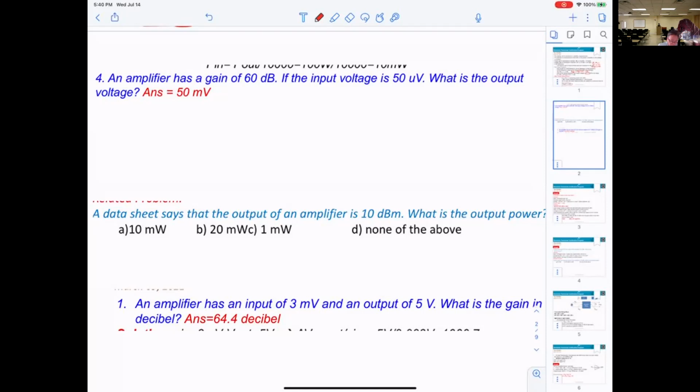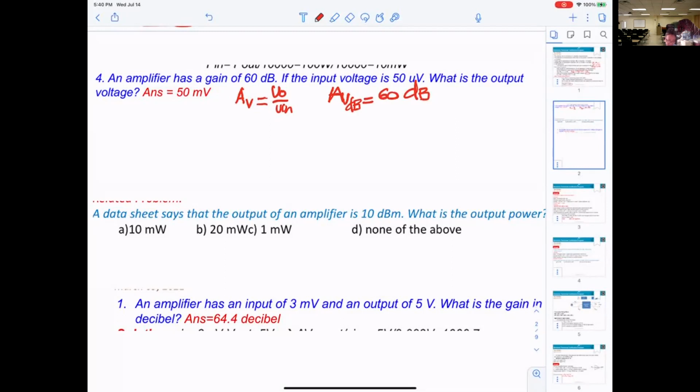That will be telling you AV, voltage gain, V out divided by V in, okay? And also now they give you AV in dB equal 60 dB.